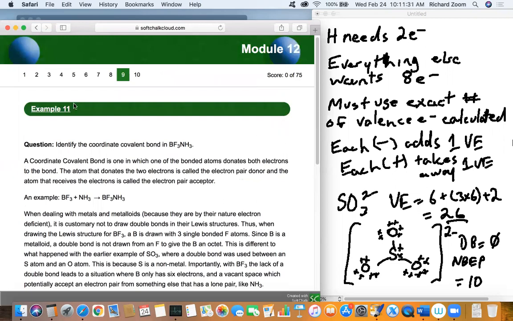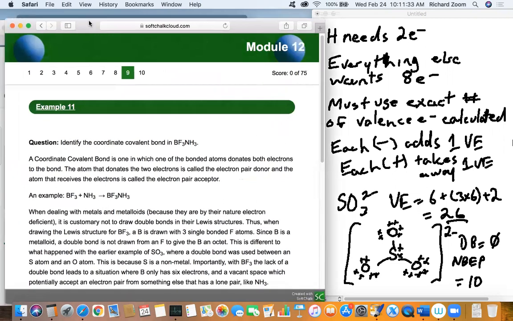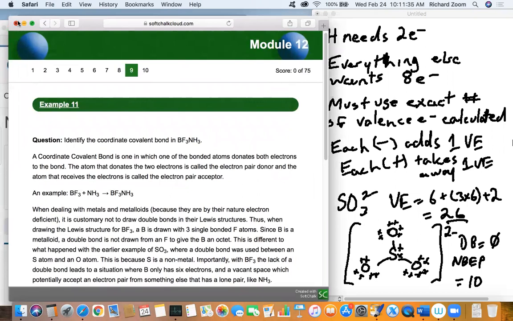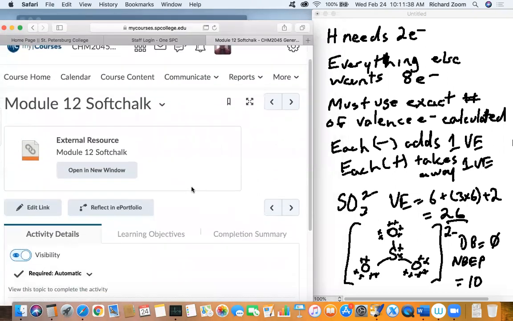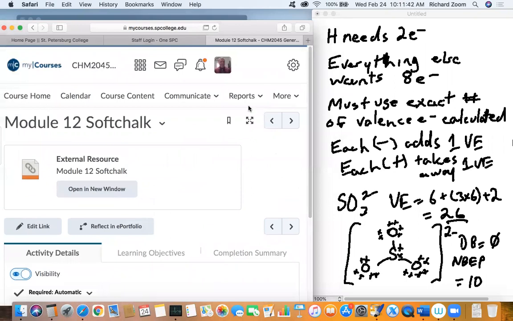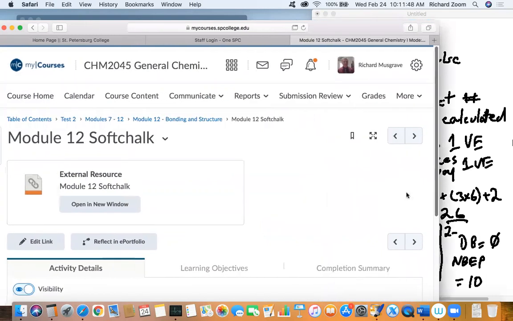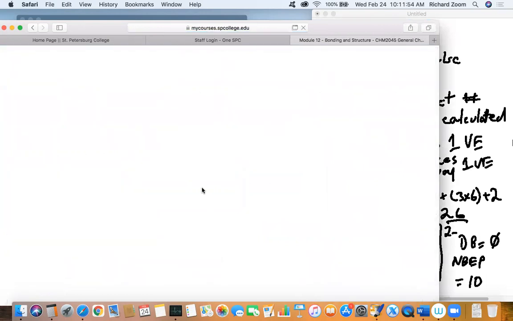Okay. Well, that's it for module 12. And I would really like it if some people did those soft chalk exercises. I think you'd find them quite useful. So let's look at the homework for module 12. It's not very difficult.